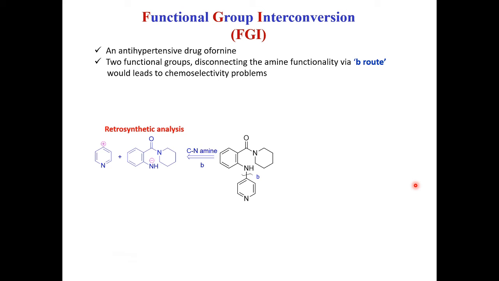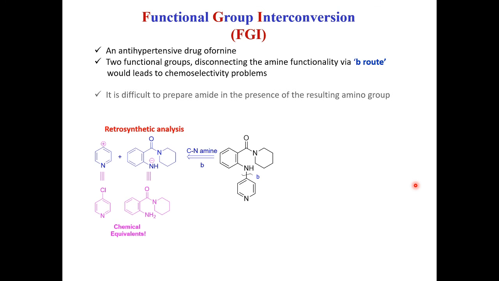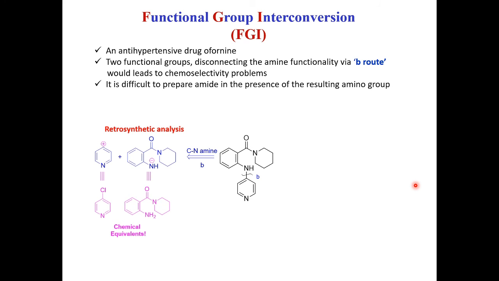These fragments can be converted into their chemical equivalent reagents. When you look at this newly generated molecule, you will observe that this amide is difficult to prepare in the presence of this resulting amino group. That means it poses a chemoselectivity problem.